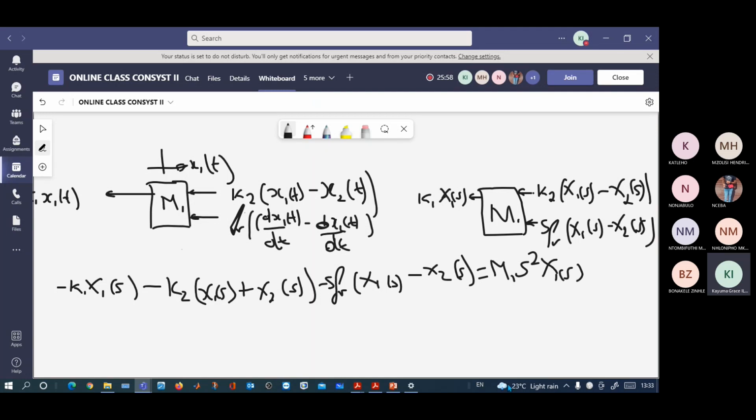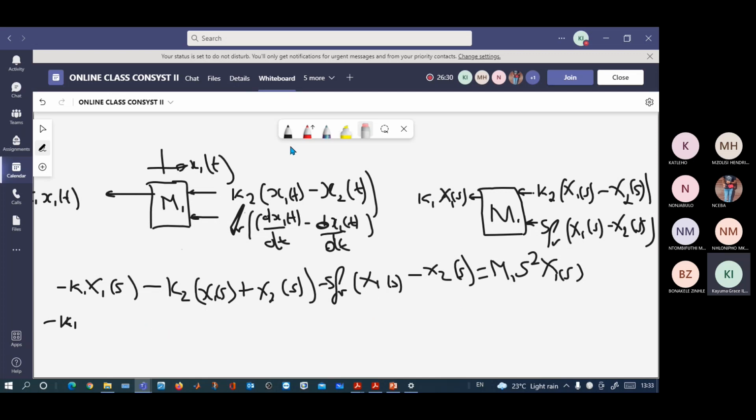From here we can put all the X1 together and the X2 together. Let me first extend it so you won't be confused. We have minus K1 X1, we have also X1 on K2, and we have X2 on that side.